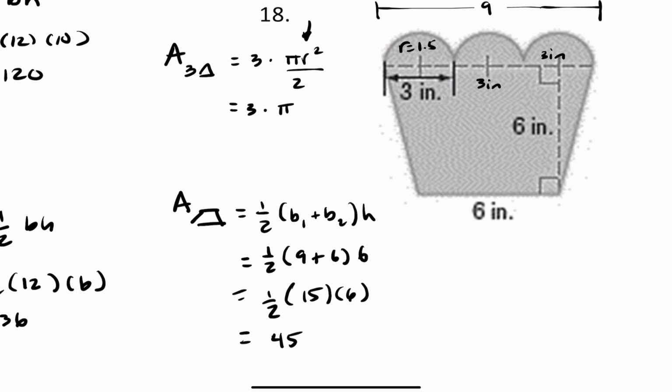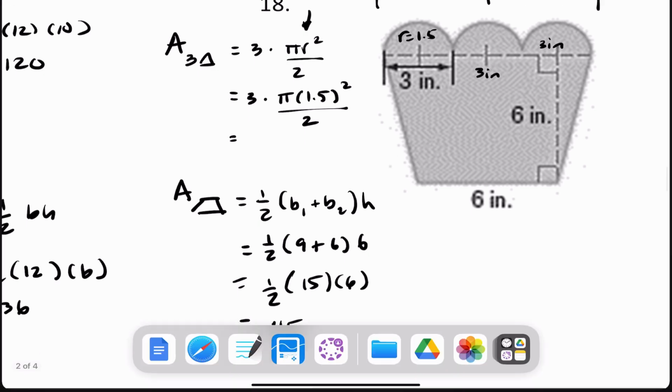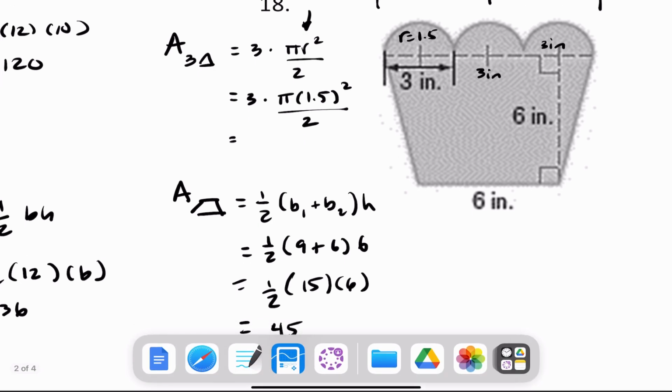So pi times 1.5 quantity squared all over 2. I'm gonna go ahead and show you how to put this into your calculator because we definitely need to do that, okay? So let's get the calculator out.